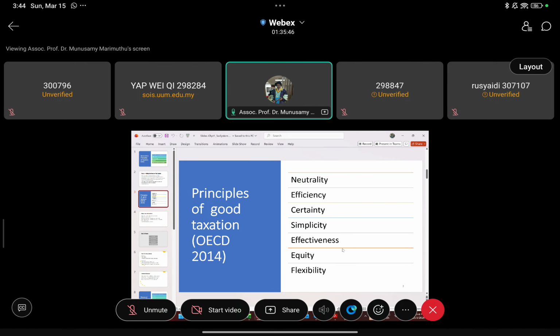Equity, horizontal, vertical: the rich will pay more, the lower pay less. But sometimes when SST comes in, everybody has to pay the same tax. For a rich person, no effect. So we call this a regressive type of tax. Poor problem. Flexible, yes, changes.